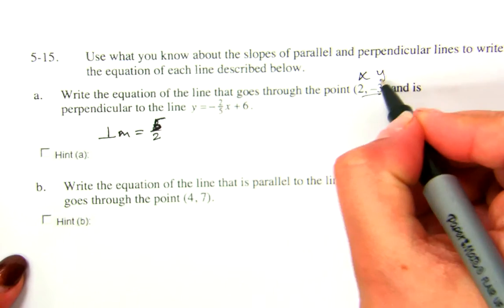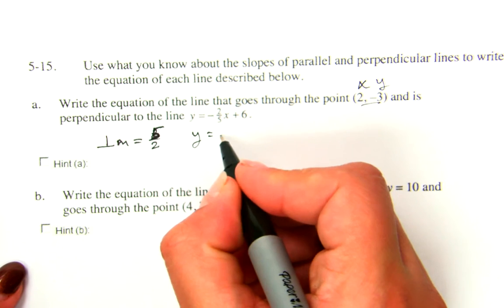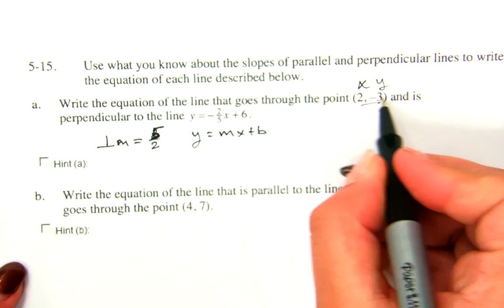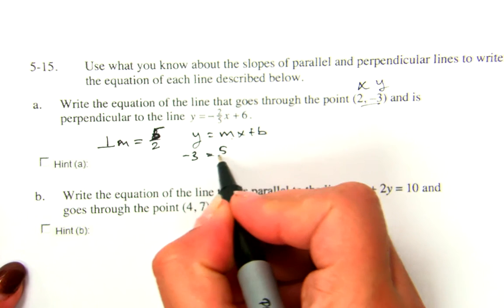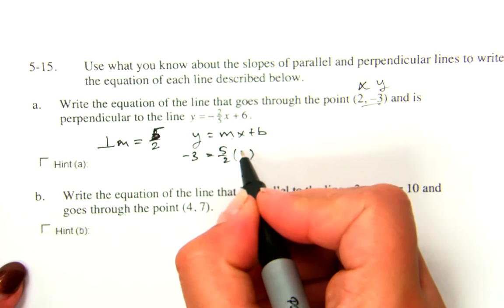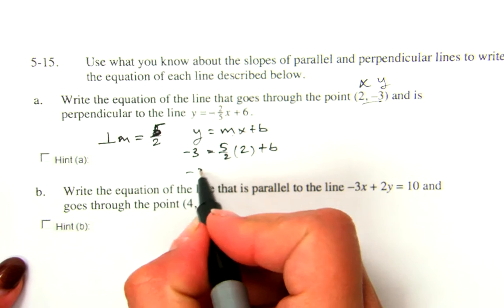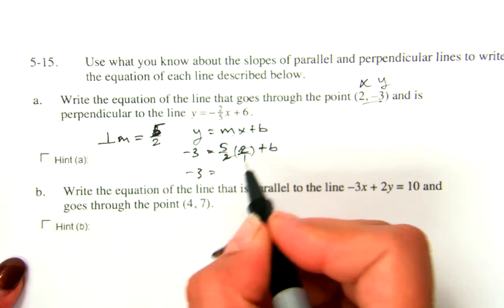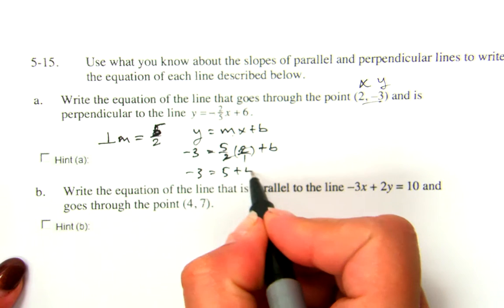So this point's going to be my x, that point's going to be my y. So I'm going to have y equals, let's say, mx plus b. My new y is going to be negative 3. My new slope is going to be 5 over 2. My new x is going to be 2. And then I'm still left with a b. Okay, so that's going to give me, those two cancel out, so now we're left with 5 plus b.